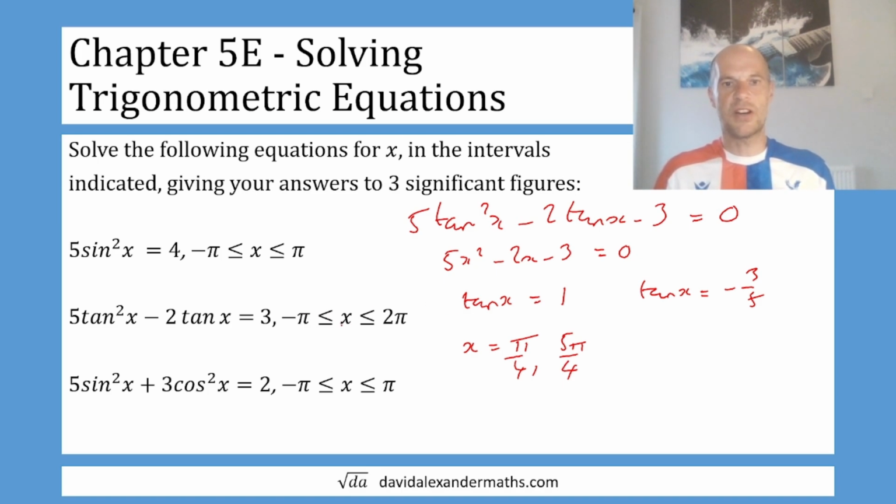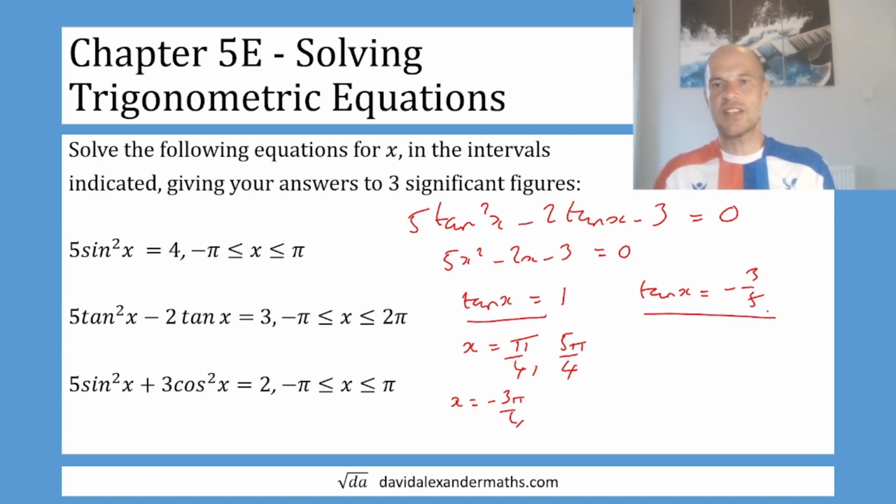Now, I reckon if I subtract pi from this, I'll get a solution that is less than pi over 4, and I reckon it will be greater than negative pi, and that is negative 3 pi over 4. So from the tan of x equals 1, I'm getting negative 3 pi over 4, pi over 4, and 5 pi over 4. They're all within range.